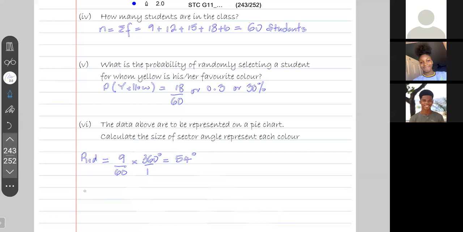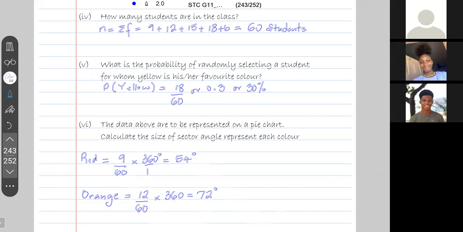Orange is 12 students out of 60 times 360. So 12 goes into 60 5 times, 5 times 360. I think this is 72 degrees. So orange will be represented by a sector with a sector angle of 72 degrees.